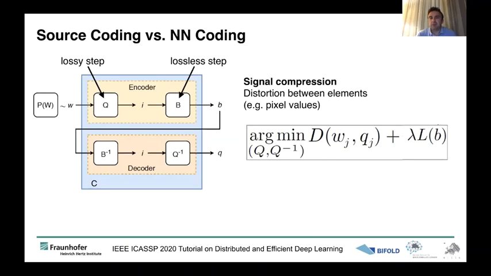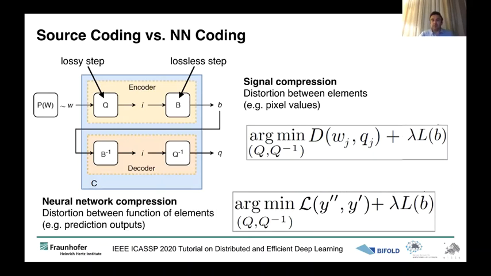But here we are not really interested in source coding per se, but we are interested in compressing neural networks, finding an efficient representation of neural networks. But we can use the same principles. However, in source coding, we are minimizing the distortion, for example, between pixel values. In image compression, we minimize this rate distortion problem between our input pixel and the reconstruction of the quantized pixel.